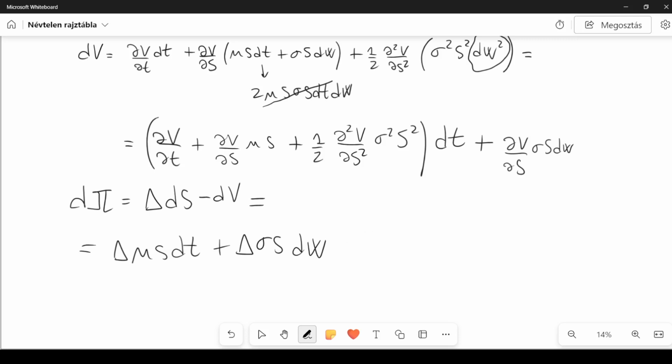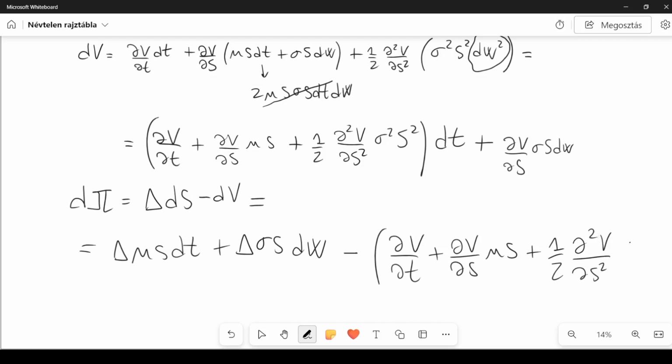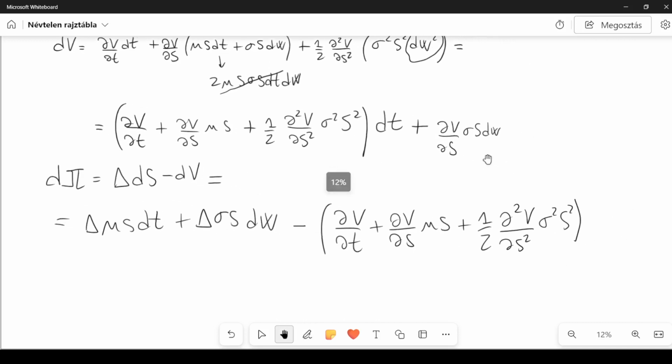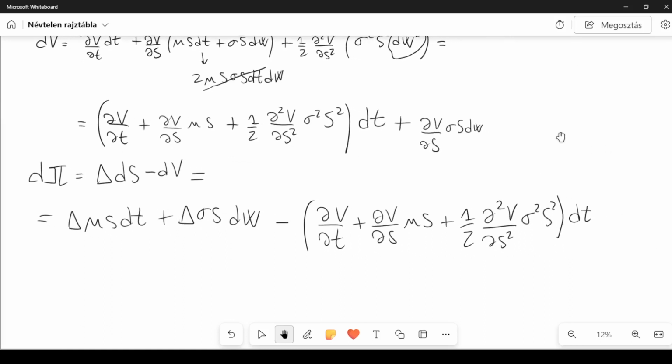Then we have minus, we have dv dt plus dv ds mu s plus 1/2 d squared v ds squared sigma squared s squared, which multiplies dt. Then we have minus dv ds sigma s, and then we have dw.